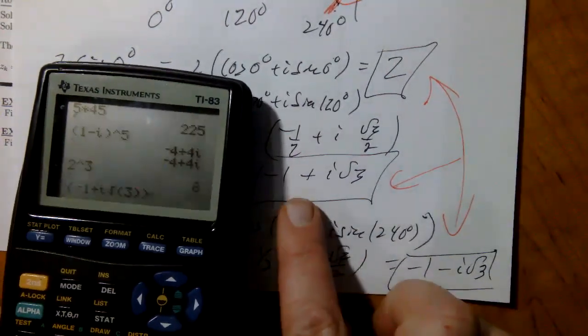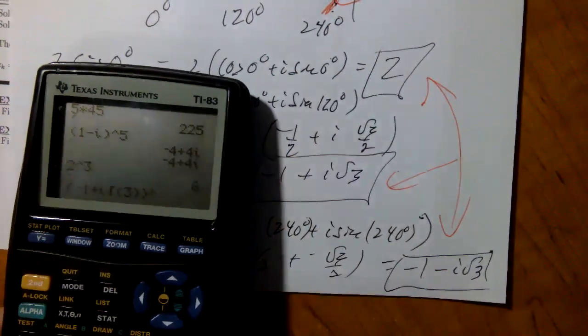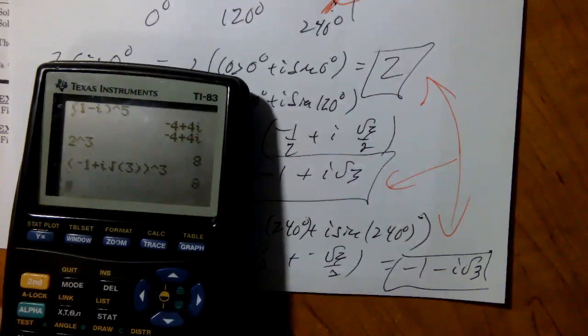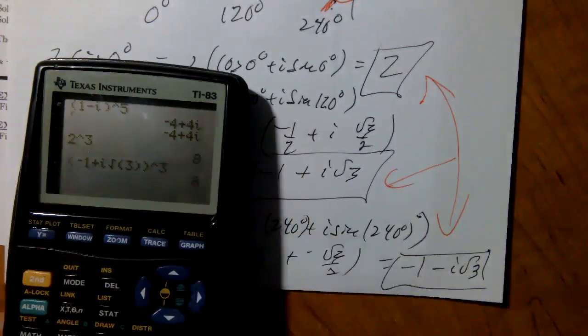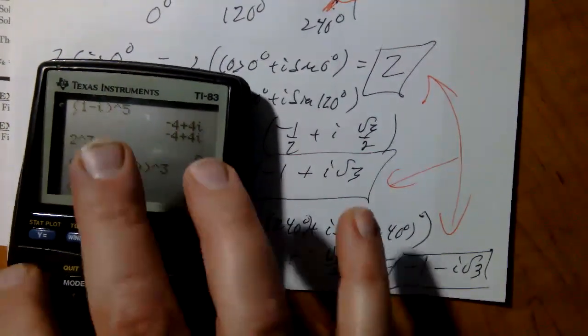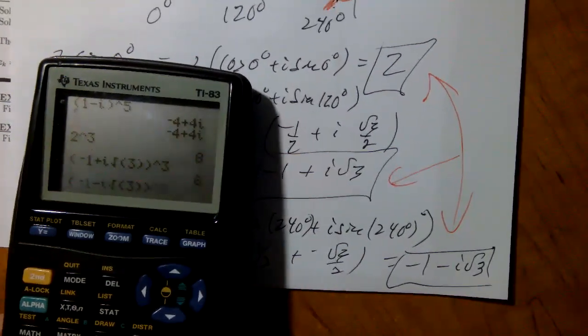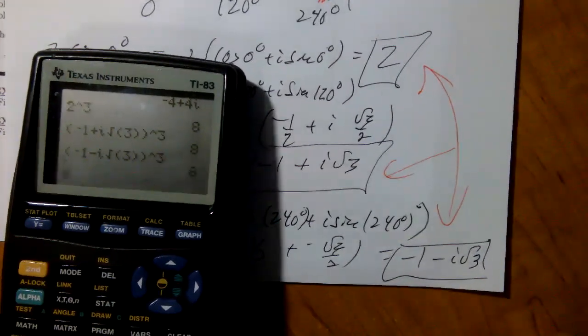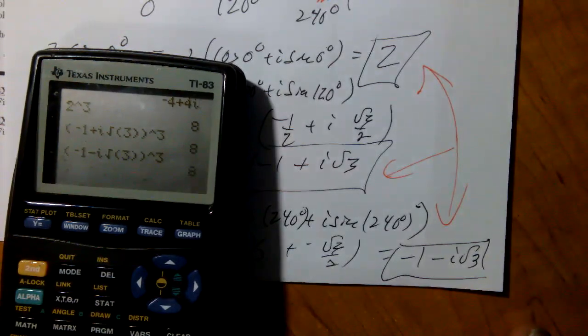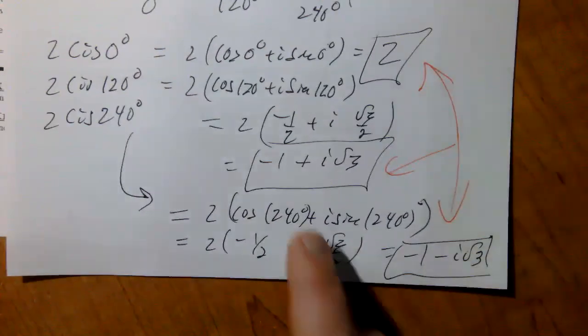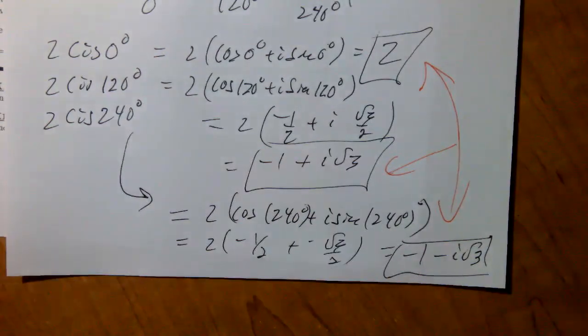So that whole number, negative 1 plus i root 3, and if I raise it to the third power, sure enough, it gives me 8 as well. Right? And you could do the same thing with the other one, negative 1 minus i root 3, and raise that to the third power, sure enough, it gives you 8 as well. So the 3 numbers that if you cubed or multiplied by itself 3 times would give you 8 are 2, negative 1 plus i root 3, and negative 1 minus i root 3.